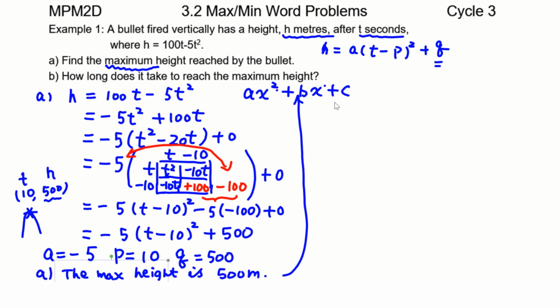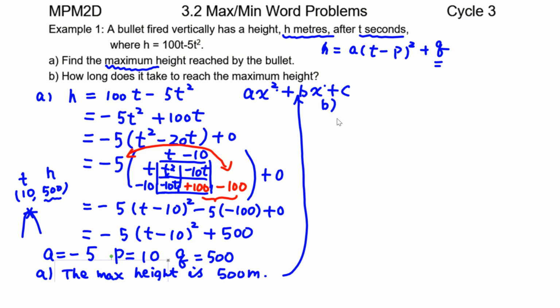For question B, it asks how long it takes to reach the maximum height. At the vertex, the time is 10 seconds. So at 10 seconds, the bullet reached the maximum height, 500 meters.